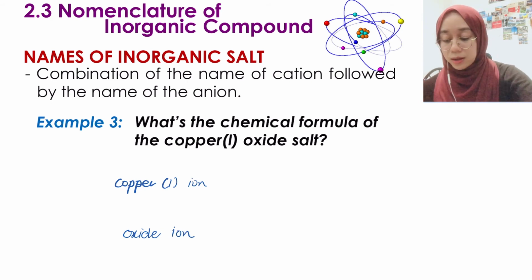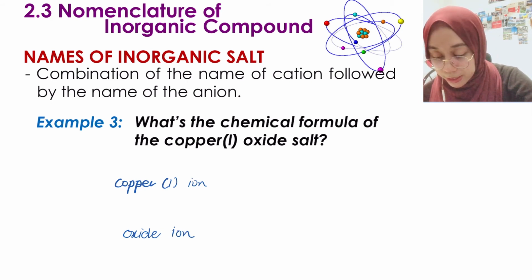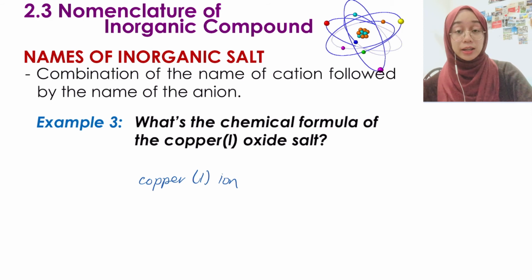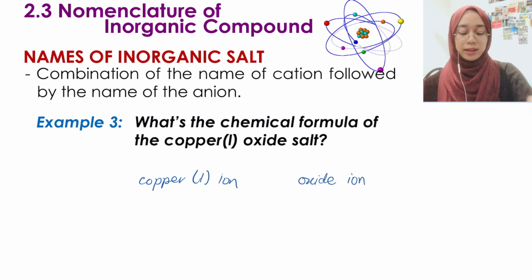Okay, oh sekejap, Miss padam balik ni. Okay, so kita buat sekali lagi. Okay, so kat sini kita ada copper 1 ion, okay, and also oxide ion.